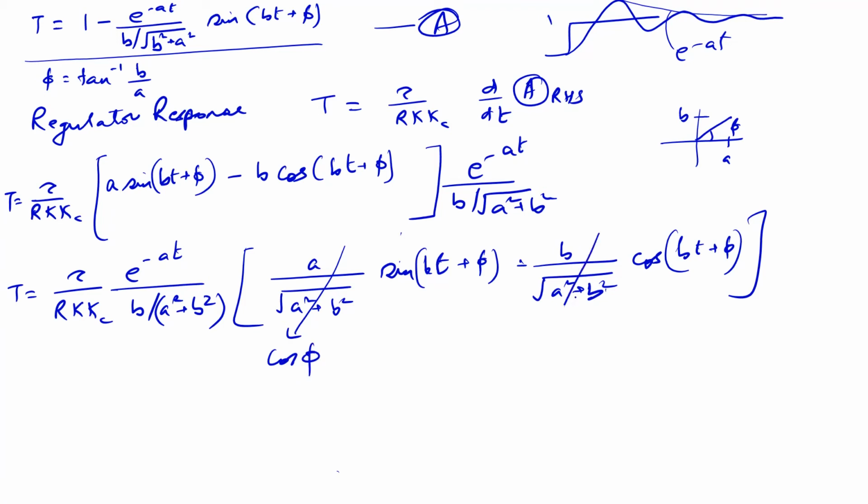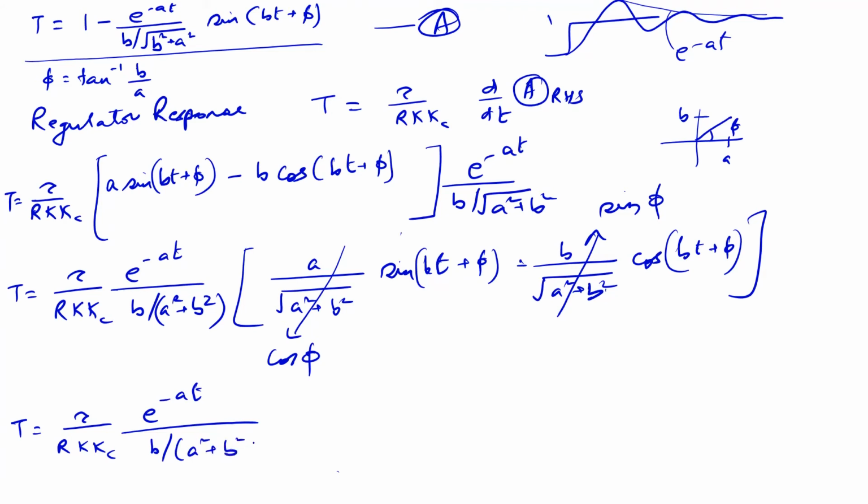And so you will actually get T equal to tau by r k k c into e to the power minus at divided by b by a square plus b square times sin(bt plus phi minus phi), so the phi will cancel out and it will be sin bt.